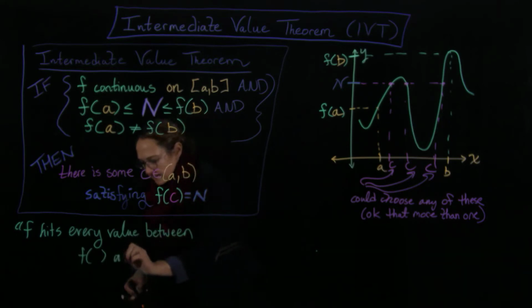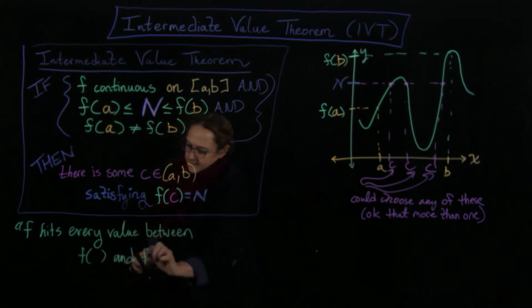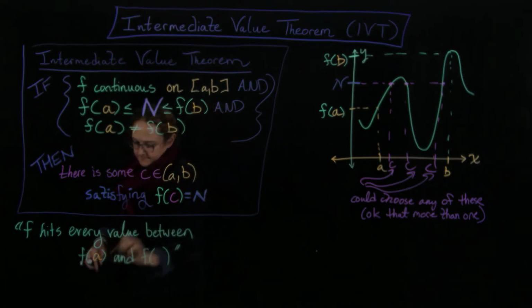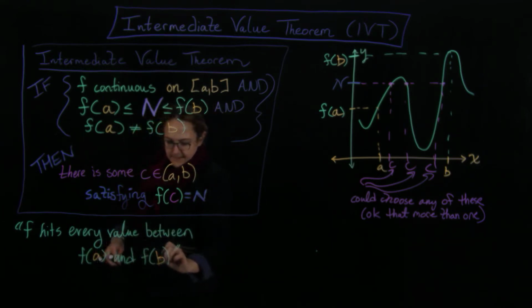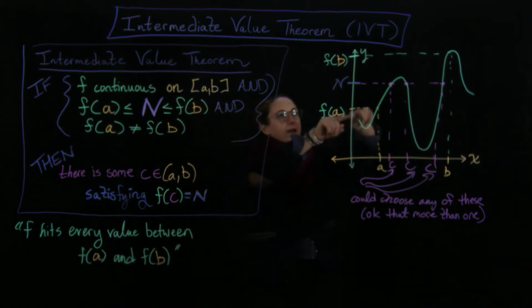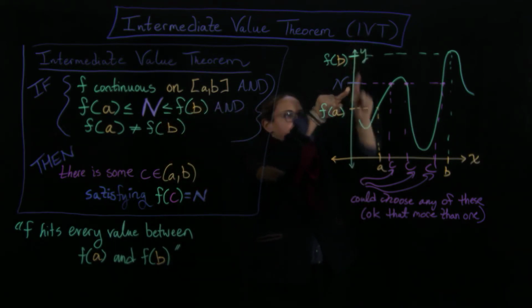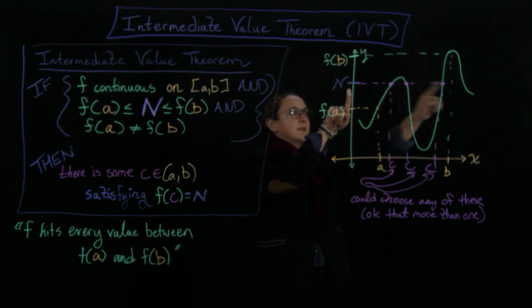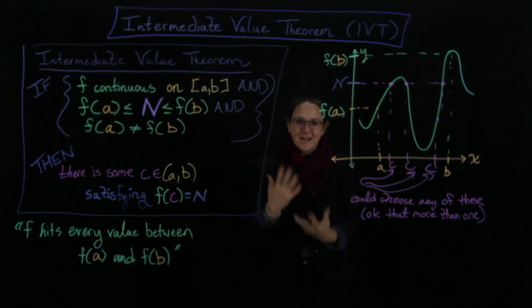So these are going to be f of a and f of b. If I have any value between f of a and f of b, then I'm going to be able to find some value between a and b so that when I apply f to it, I do hit that level. I do get that output.